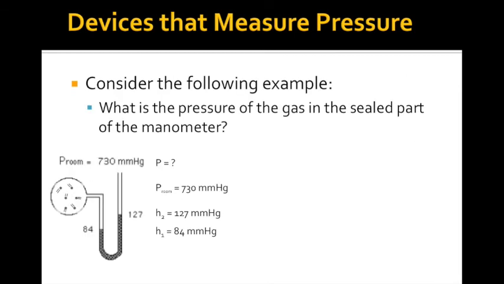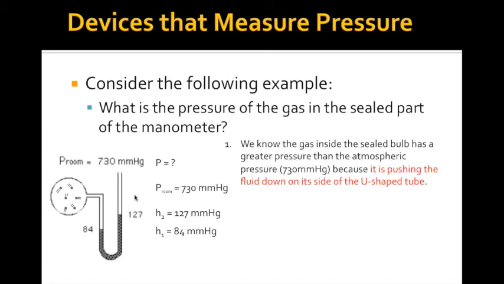So let's do an example. I want to know what the pressure of the gas in the sealed part of the manometer is. That's the little particles moving around in the bulb. It says the room pressure is 730 millimeters of mercury. That's what's pushing down this open end of the manometer tube. It's pushing down on this liquid mercury.